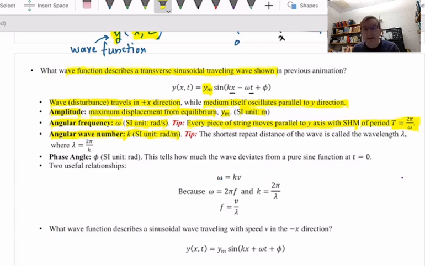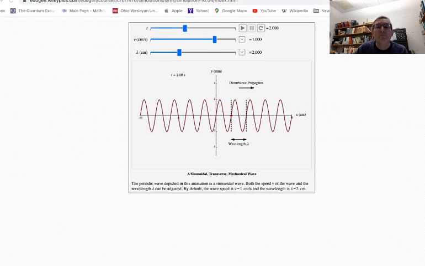Now, here's a tip about how to think about angular wave number. First of all, the shortest repeat distance of the wave is called its wavelength, and there's a symbol for that. It's a Greek lowercase symbol, lambda. Let's go back to the animation and see that. I've marked it in the animation with the 2 black dashed lines and the double-headed arrow connecting them.